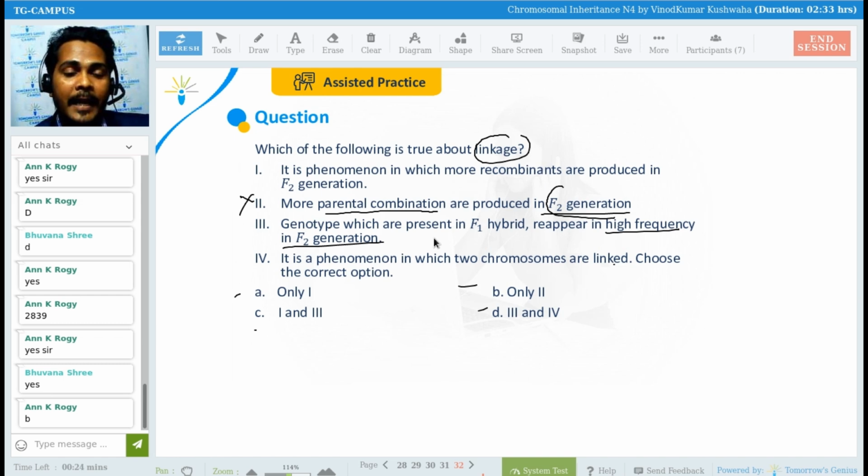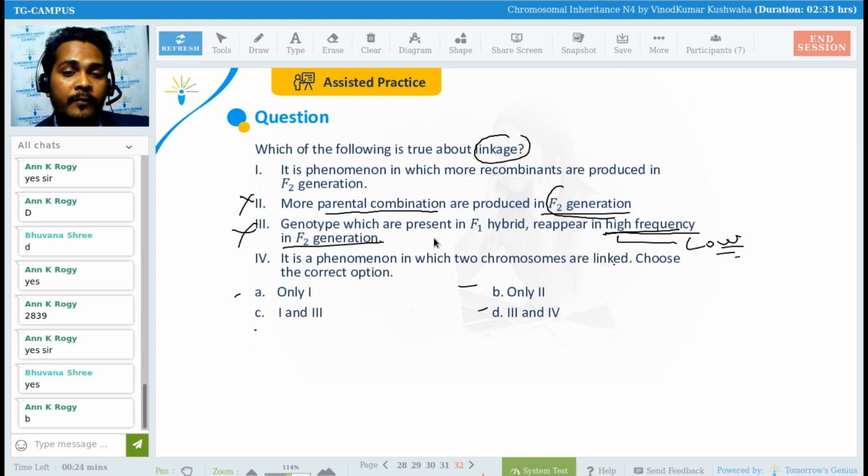And the genotype which is present in the F1 hybrid reappears in low frequency in the F2 generation, but here it is mentioned as high frequency. No, it is always low frequency, and that's why this is also a wrong statement. It is a phenomenon in which two chromosomes are linked.